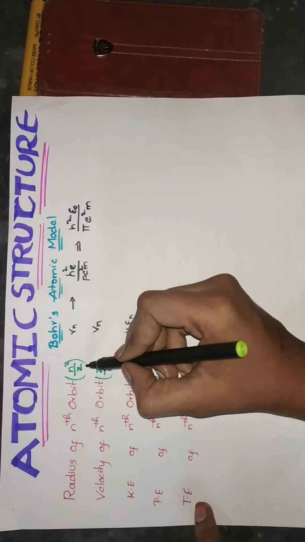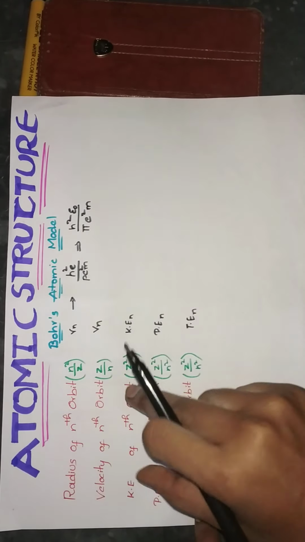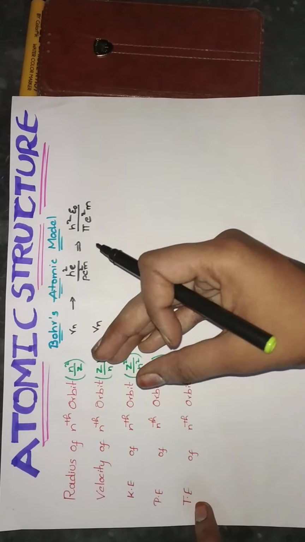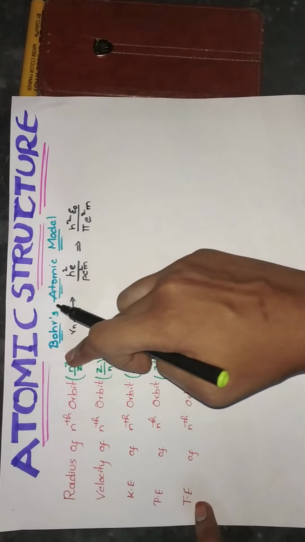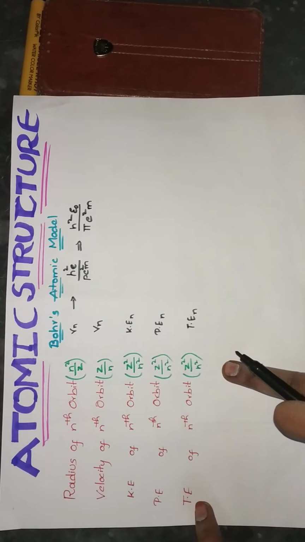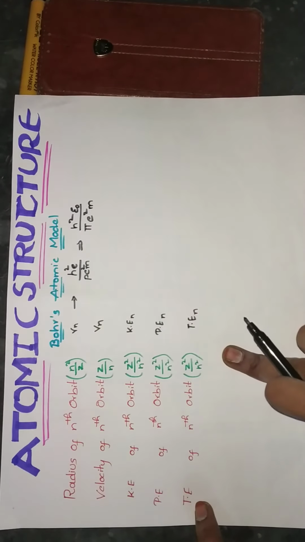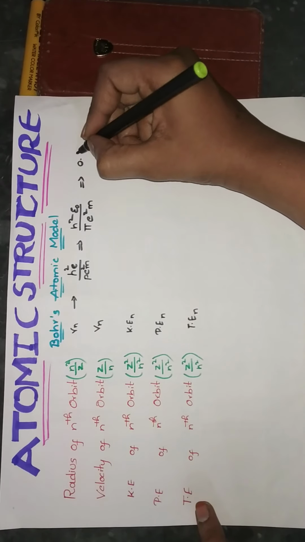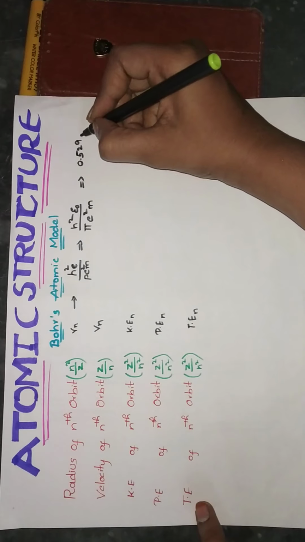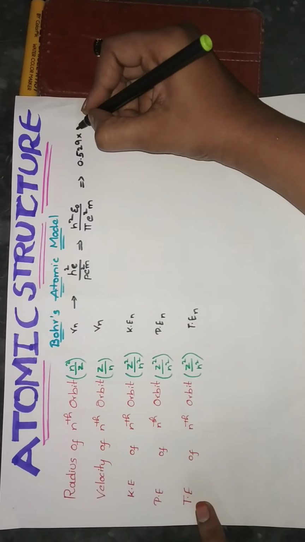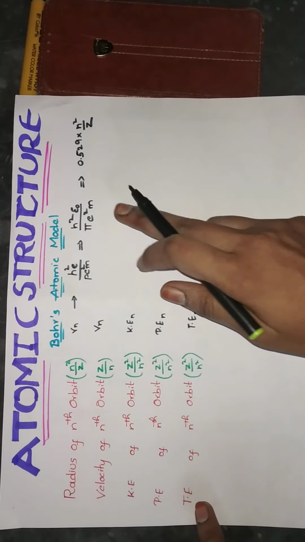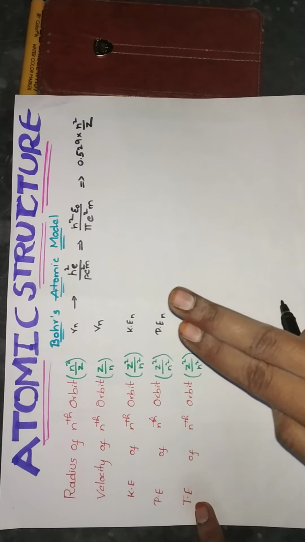And here n square by Z we have to remember, and we will apply that according to what is given in the question. And this is the common formula: 0.529 into n square by Z angstrom.